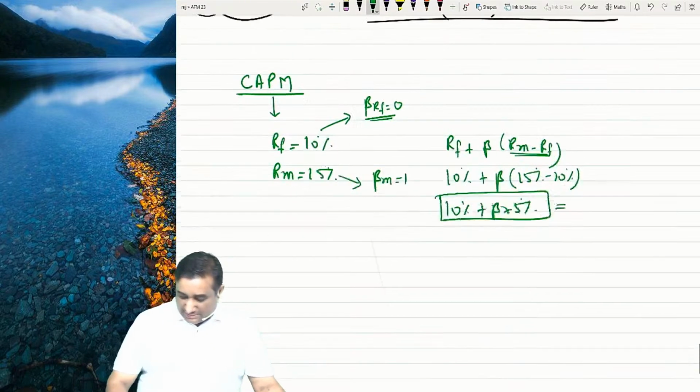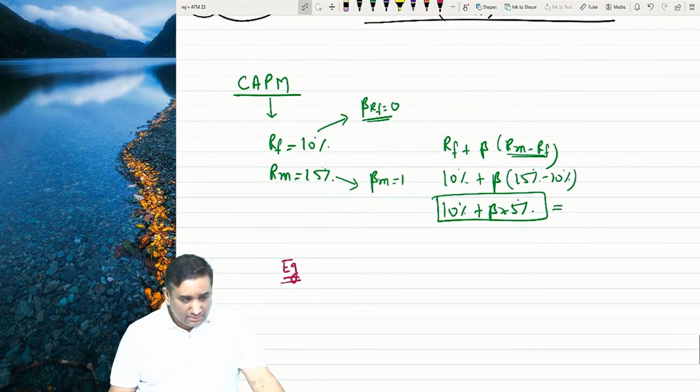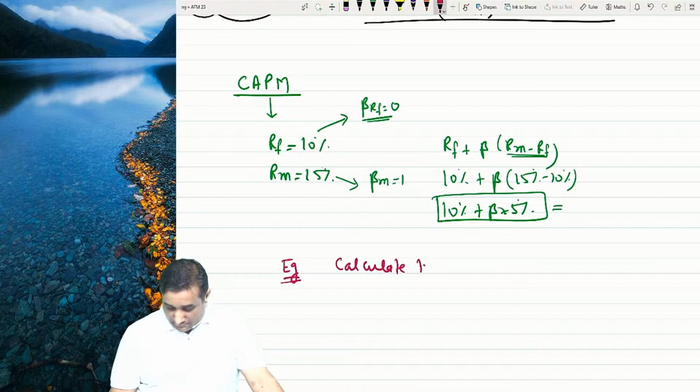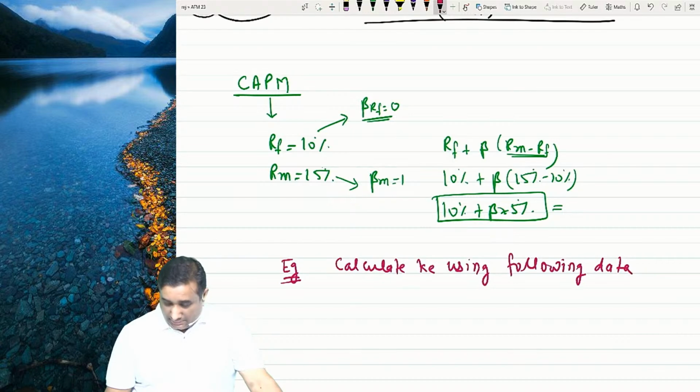Let's put down a small example, please. This data, do not copy. I'll make this as an example only. Calculate KE using the following data.